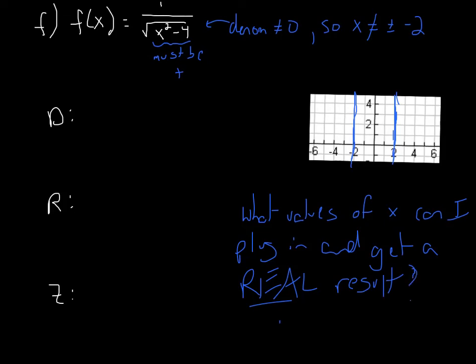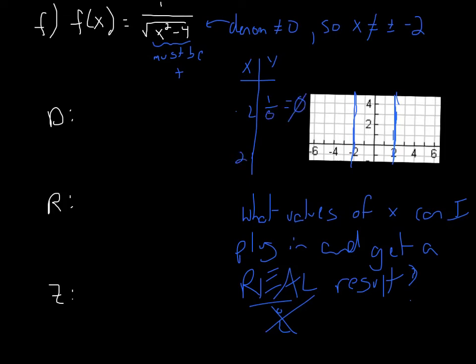So I don't want anything that has an i in it. Well, let's just play around with a couple numbers. Okay, try negative 2. Well, negative 2 is going to give us 0 in the denominator. But wait a minute. 1 divided by 0? No solution. Can't do it.